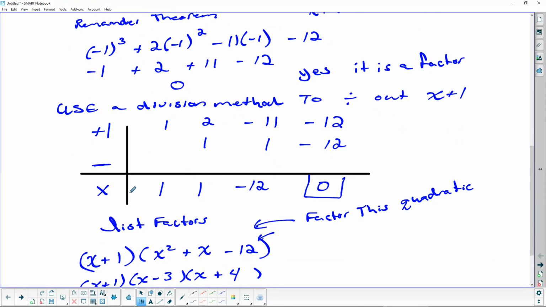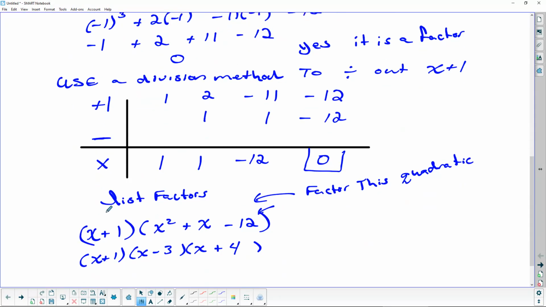And then once I do that, I then know what my one binomial is and then my quadratic if I'm doing a cubic one. Now, if this was to the power of 4, I would still have to do this again. But we're going to start out with the smaller ones first, power of 3s. But that's pretty easy.